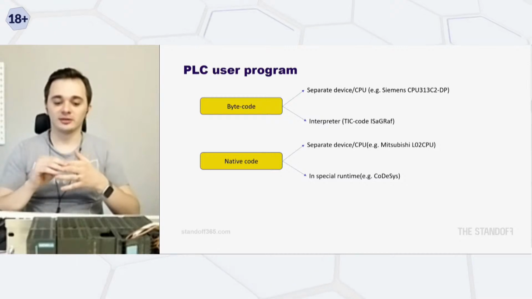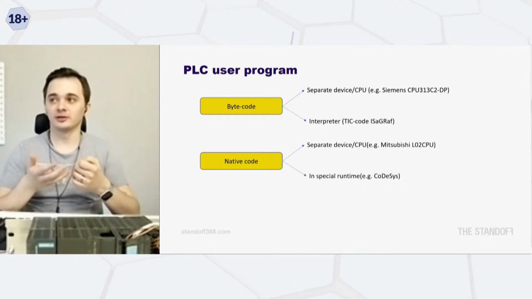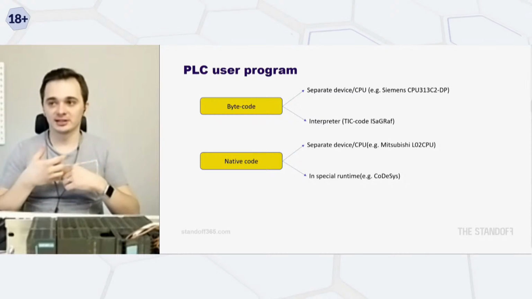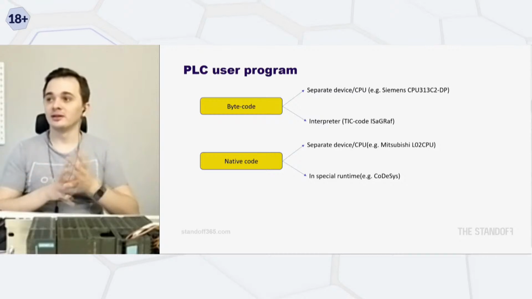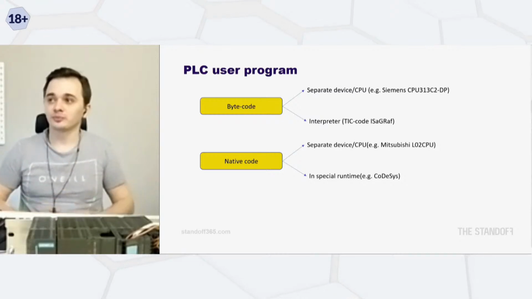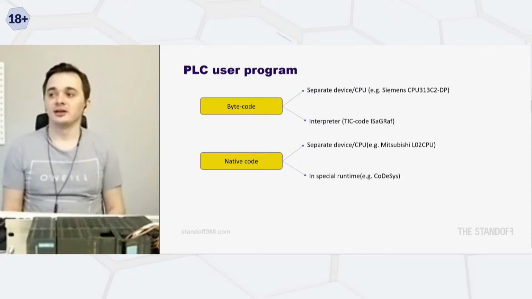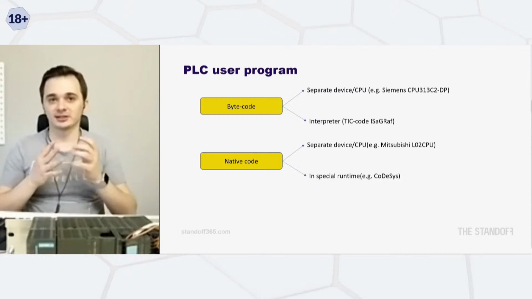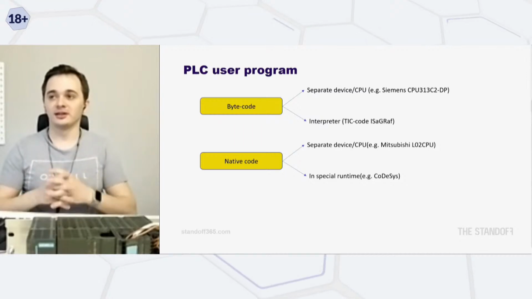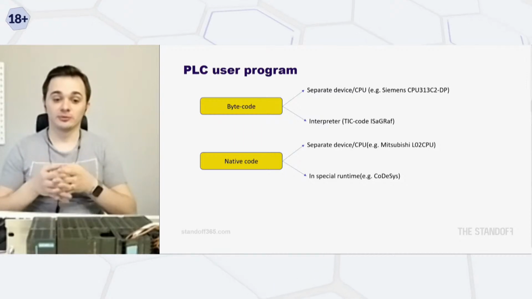The PLC program, after the compilation, can be produced in two different ways. It can be compiled into bytecode, or it can be compiled into native code. Both of these cases are quite common.